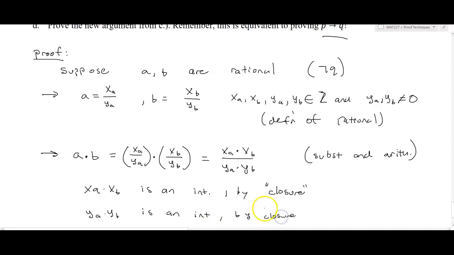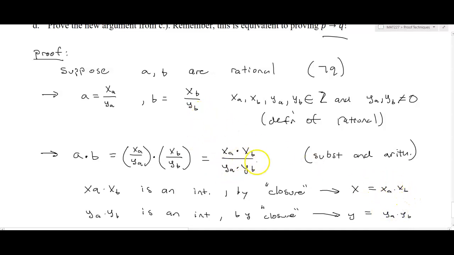And there's one more stipulation for this being a rational number. We can use a substitution here. Let's call this just X, and let's call this just Y. So X will be XA times XB since it's an integer. Y will be YA times YB.